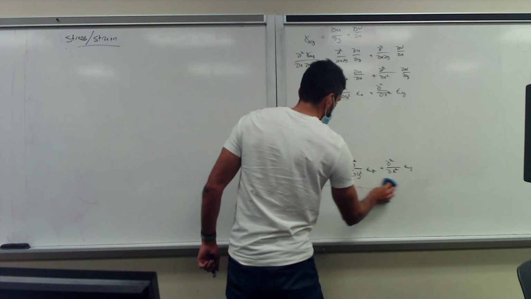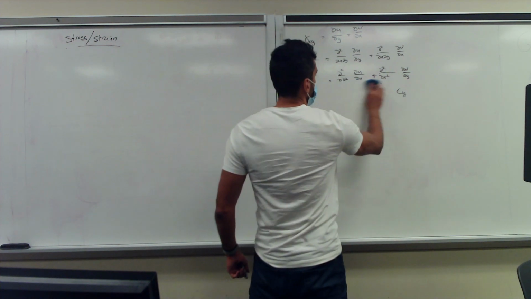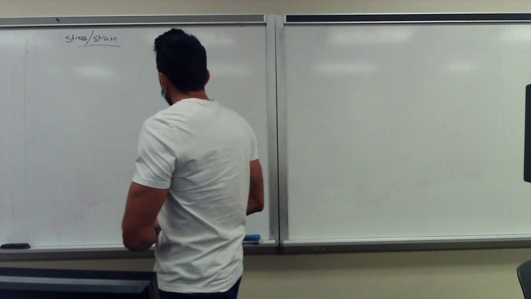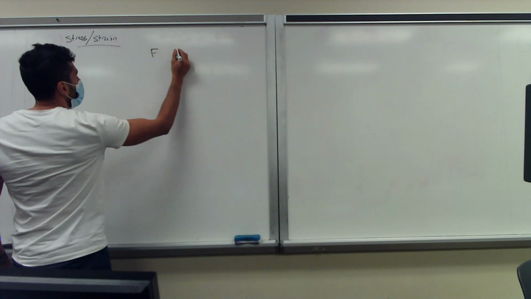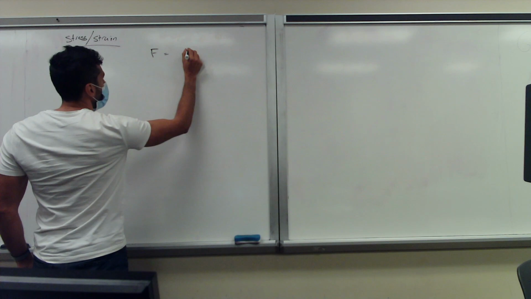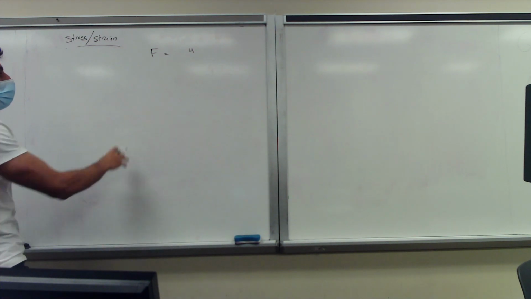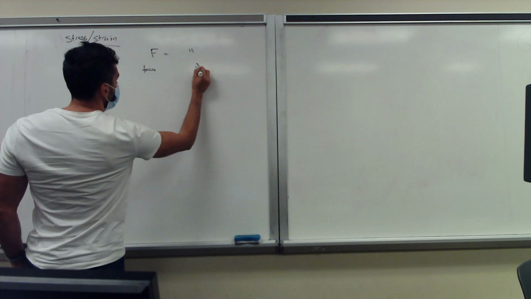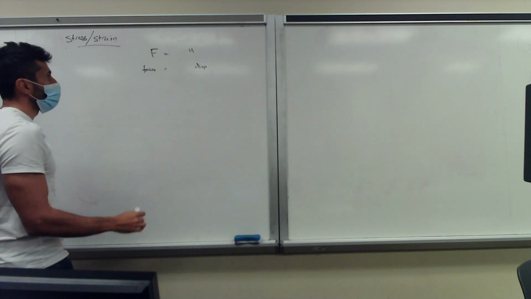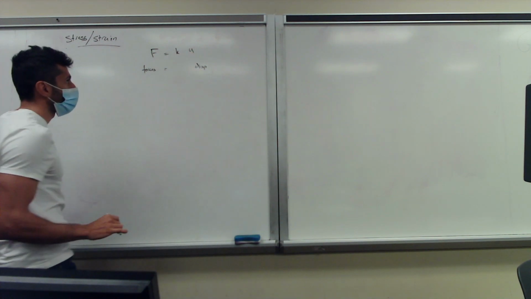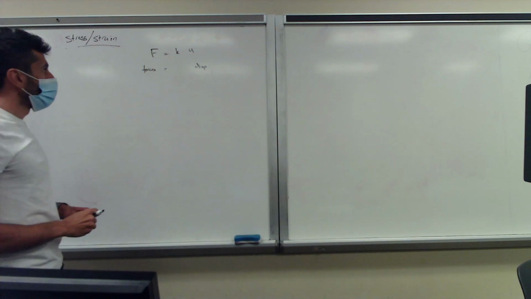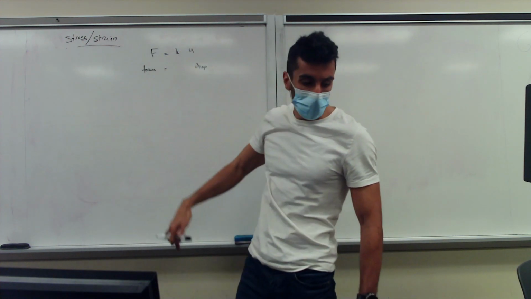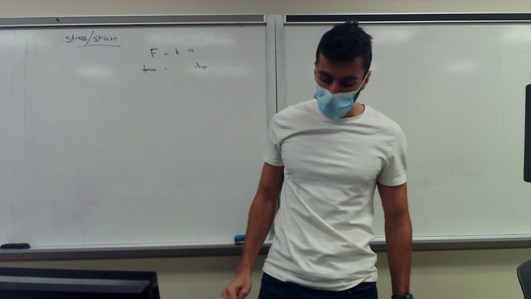And they figured out Hooke's law comes from that. They figured out that the forces are proportional to the displacements. So forces here, displacements here. They're proportional with some given constant k. In this case, the constant is just an arbitrary constant.